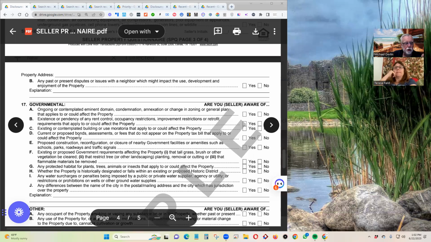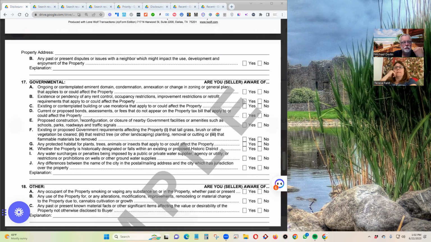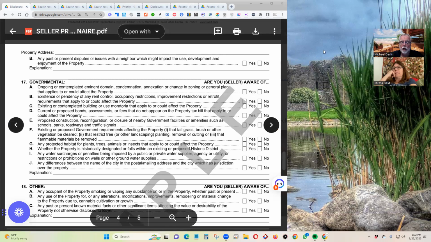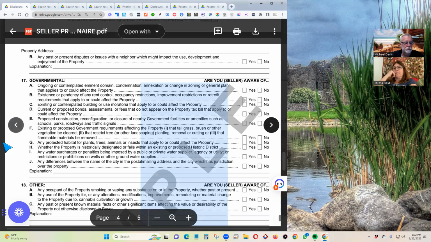Any things going on with government restrictions, protected habitats. We have a transaction where one of the things the buyer wants to know is whether it is in a historic district, which you can see referred to.